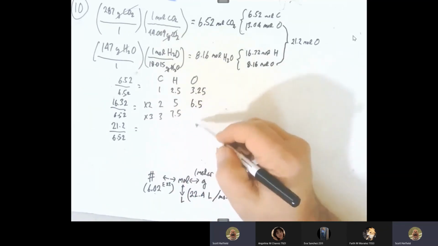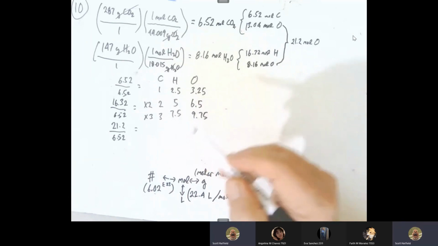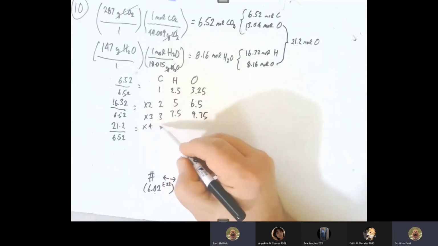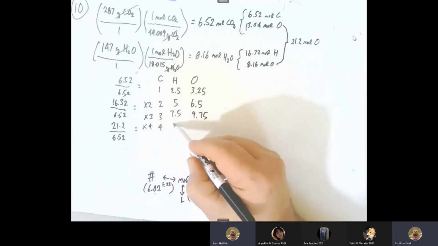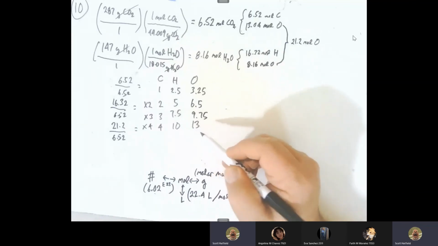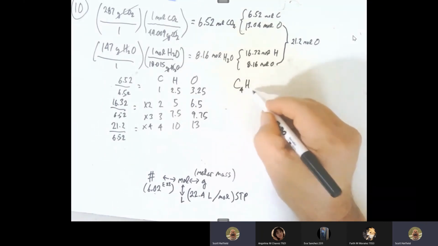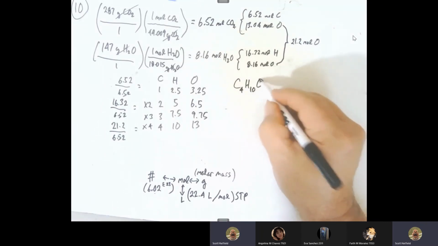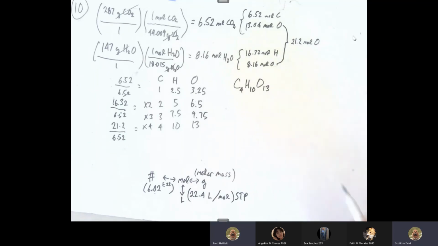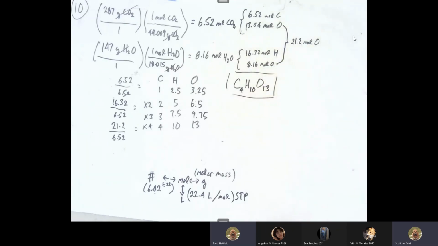They're both decimals, so I'm going backwards. If I go times 4, I've got 4 carbons, I've got 10 hydrogens, and I've got 13 oxygens. And so our empirical formula for all this matter is C4H10O13. We'll just stop there and say that this is our estimate, based upon the data, of the empirical formula.